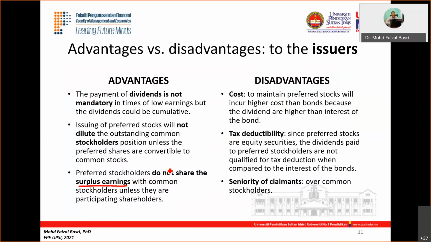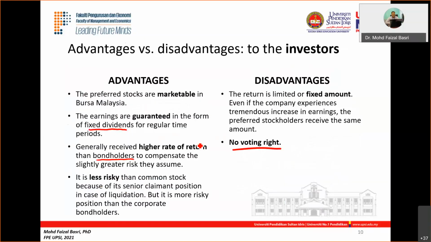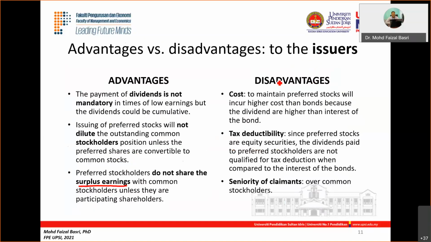Okay, so as a preferred stockholder, you will not enjoy additional returns even if the company has higher returns, as I said earlier. So this is related to this one. It will be a disadvantage to the investor, but this will be an advantage to the issuer because the returns will not be shared with the preferred stockholders.